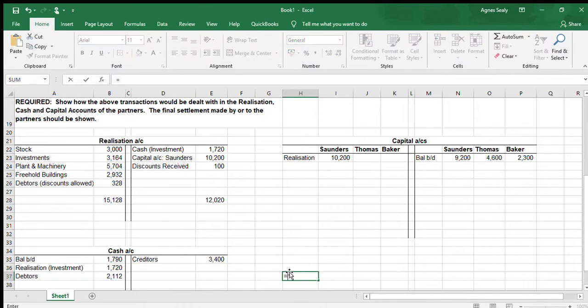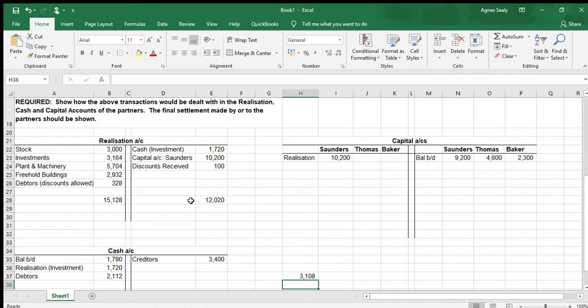So basically, there's a difference between my debit and credit side of $3,108. Now, this $3,108 will be shared among the partners in their profit sharing ratio.